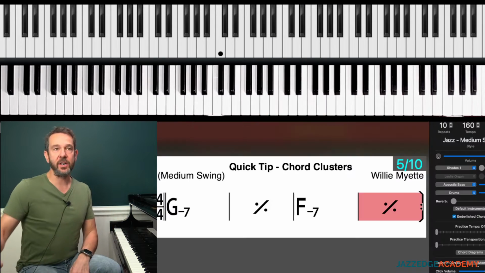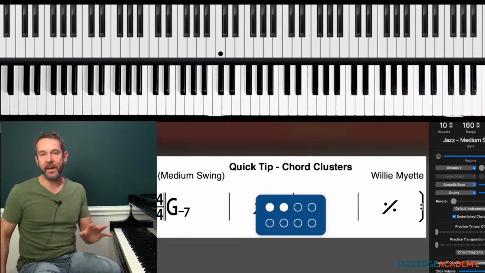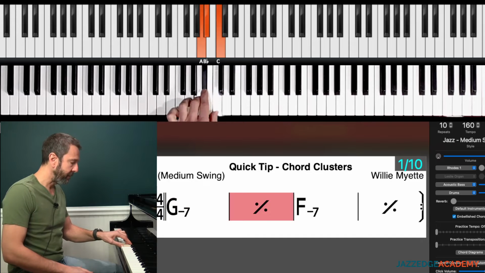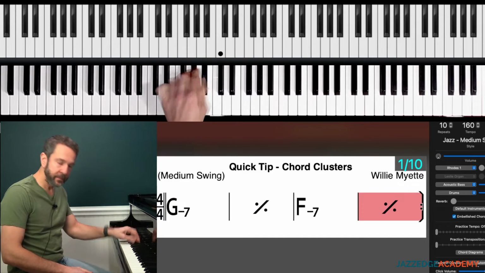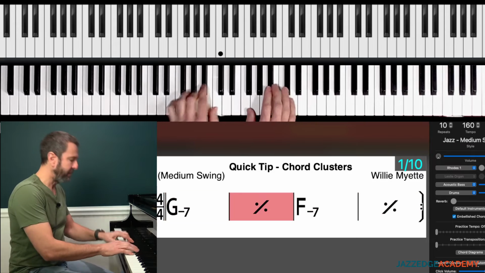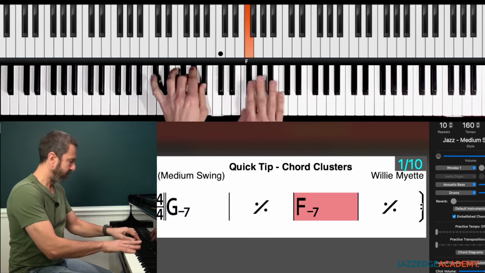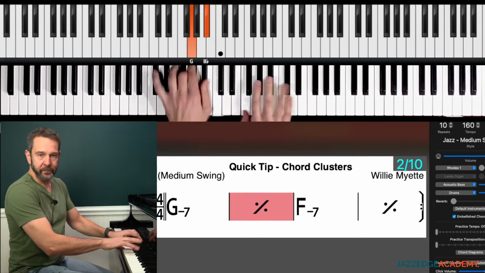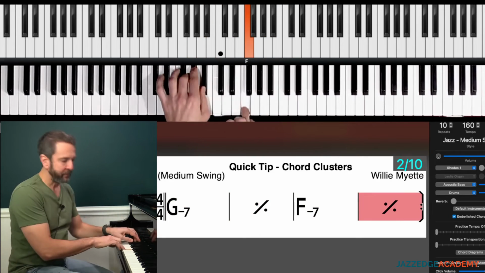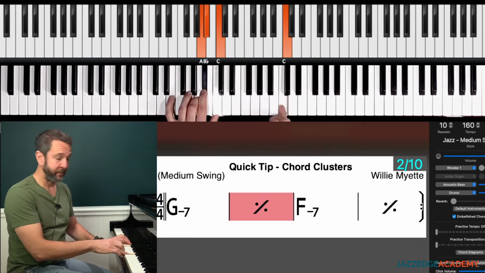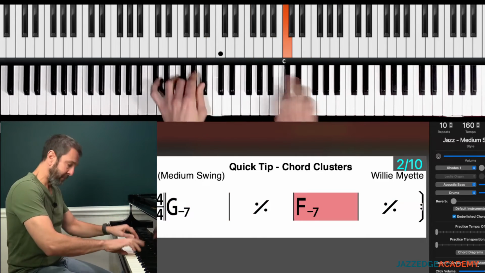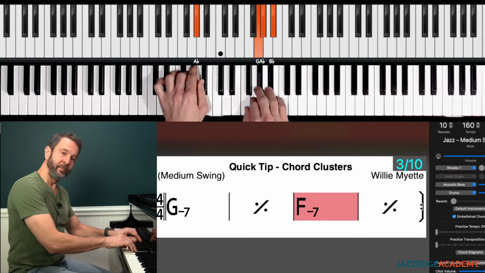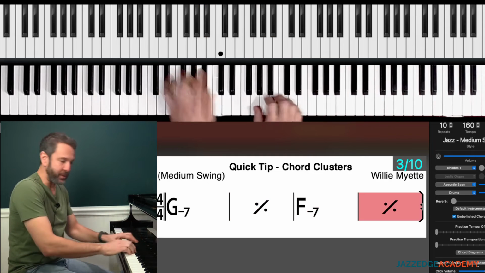So if I start by just playing those mini clusters by themselves, we'll just do the mini cluster. Clusters in the right hand as well.